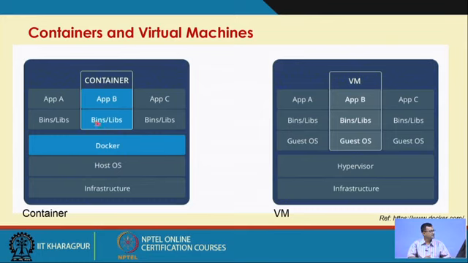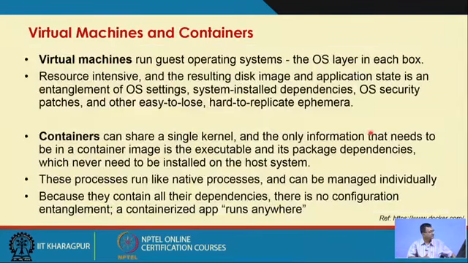It has applications with their dependencies, right. Whereas in the case of a hypervisor or virtual machine, over the hypervisor we have the guest OS and the rest of the things. That is the difference. Virtual machines run a guest operating system layer in each box, which is resource intensive. It requires more resources, and the resulting disk image and application state are entangled with OS settings, system-installed dependencies, security patches and so on.